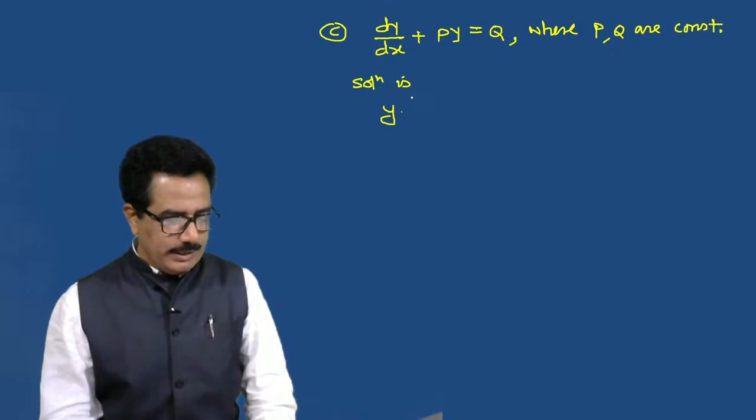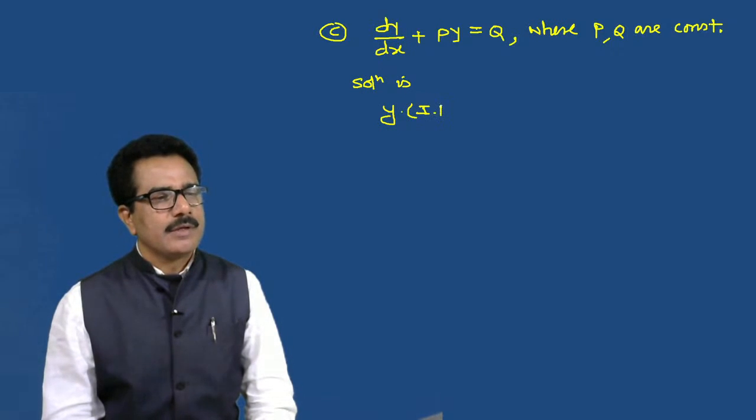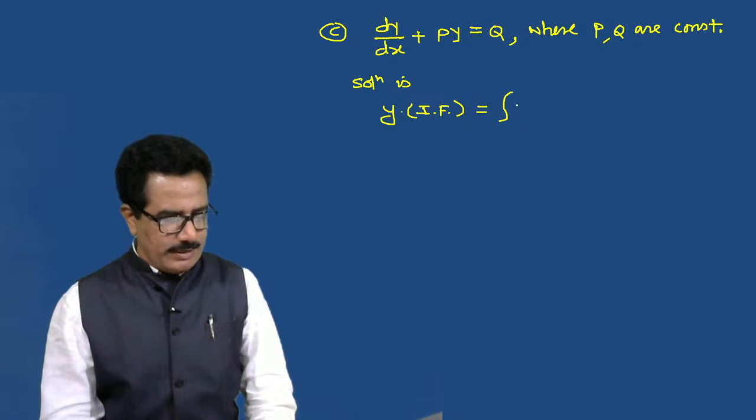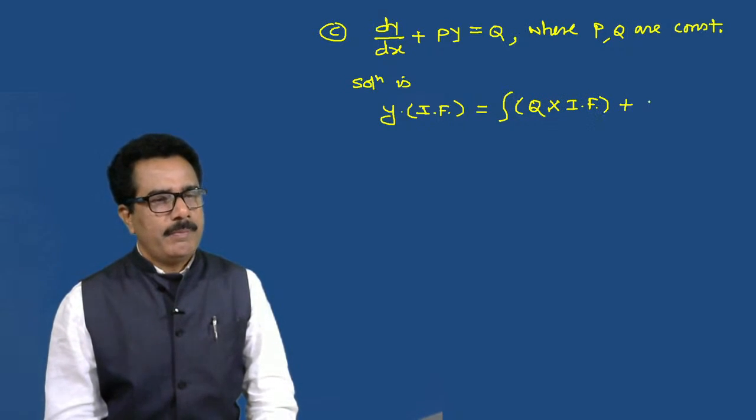Okay, e raised to p dx, or we can write it as the integrating factor. In short it is also written like this: integration of q into integrating factor plus c.